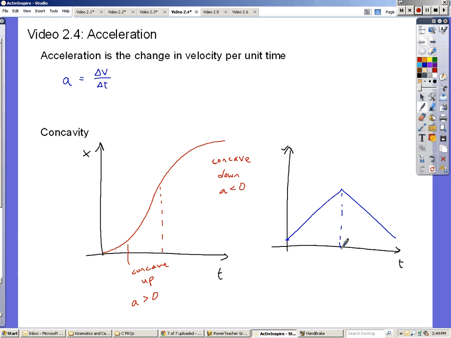So here you can see the slope of this graph is positive over here, but then over in this half, the slope of the graph, the acceleration, is negative. And because this is calculus based, we can say that the acceleration is dv/dt, or the second derivative of the position.